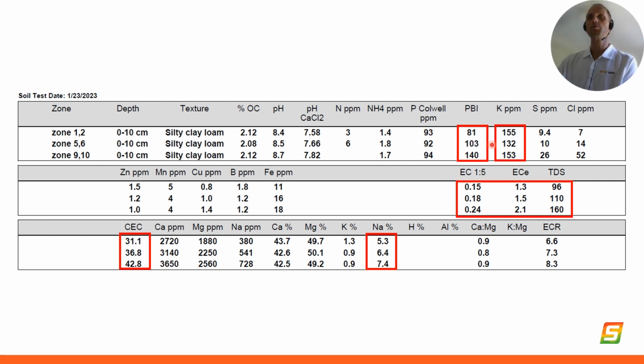Yet there's a pretty significant difference in the buffering index, the PBI. As a result of that, you might still expect some differences in phosphorus response, albeit these Colwell P levels are so high that it's not going to be considered a very responsive paddock to applied P, other than maybe some starter P to overcome this really high pH.